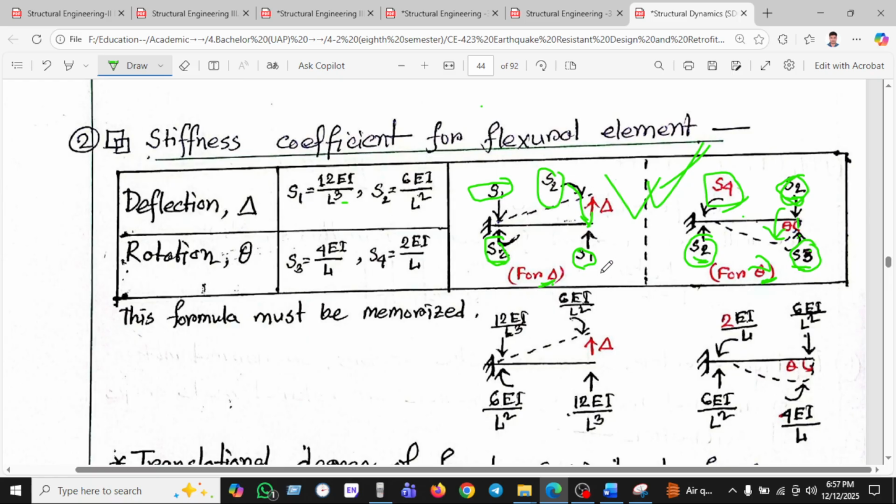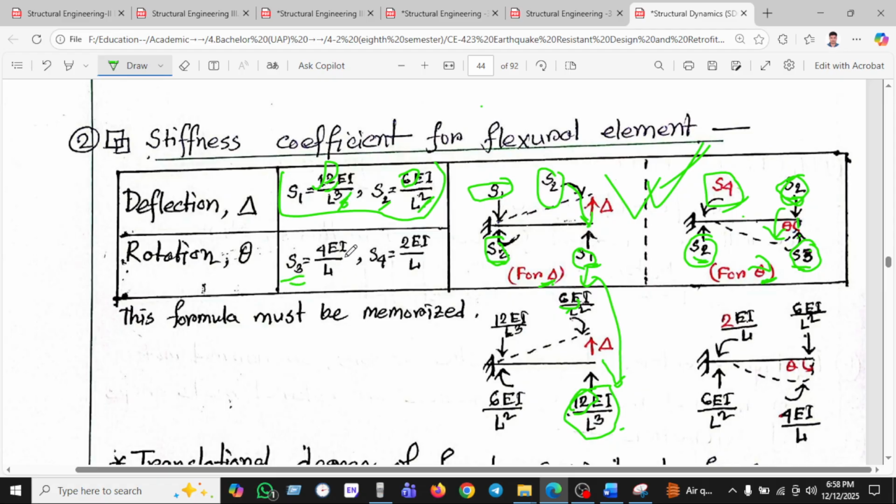Using the formula, S1 is 12EI by L cube, and S2 will be half of it, which is 6, so 6EI by L squared.